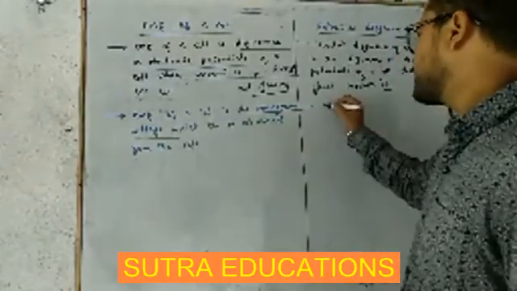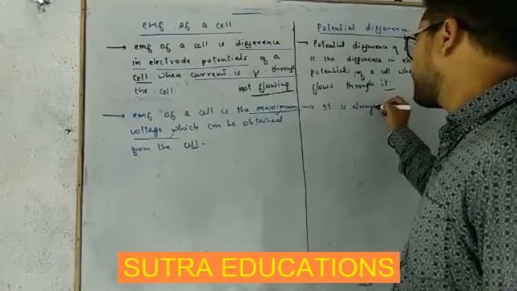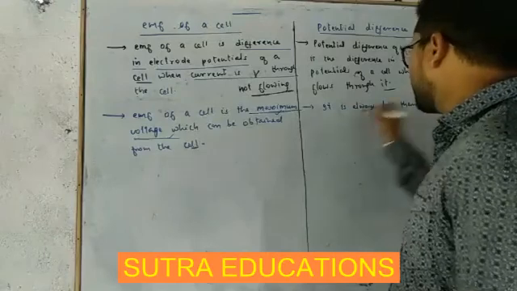It is always less than the maximum voltage of a cell.